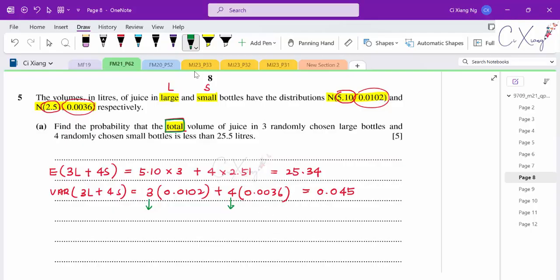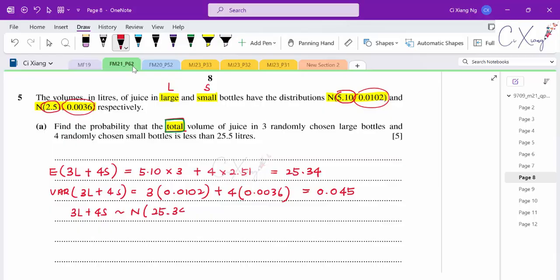Alright. So once you get the mean and also the variance, then you should know that if your original distributions are both normally distributed, when you have the linear combination 3L plus 4S, it will also be normally distributed.